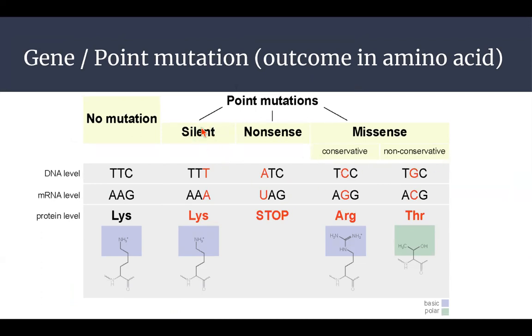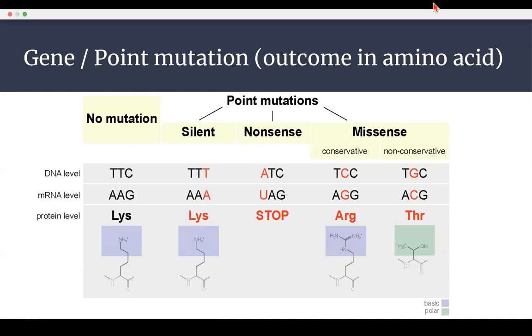Those mutations can be silent, nonsense, conservative missense, or non-conservative missense mutation. Let's look at this normal one first. This is where you have no mutation at all. When you have no mutation, you can see that lysine is being produced.